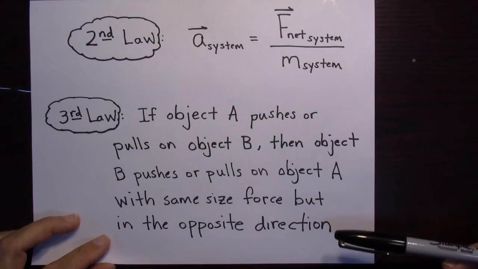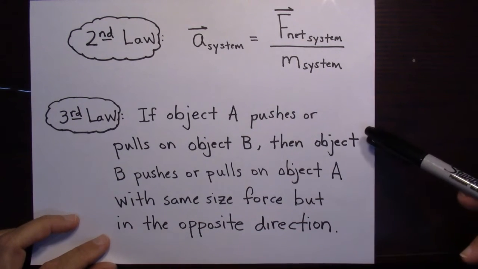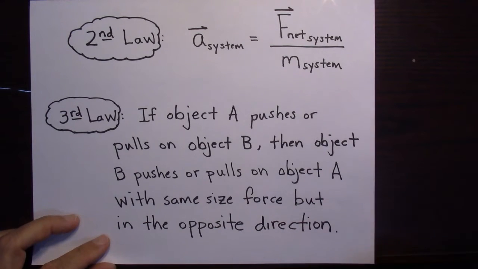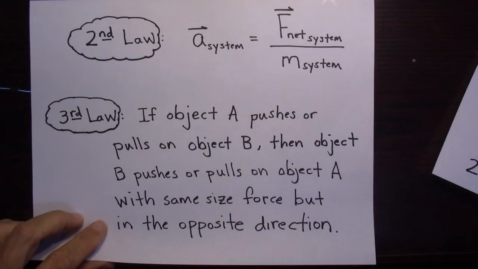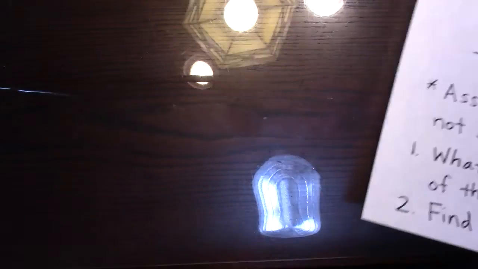So no object can push on another object more than the other object pushes on the first object. They are always exactly the same. With those two things, let's take a look at a problem.